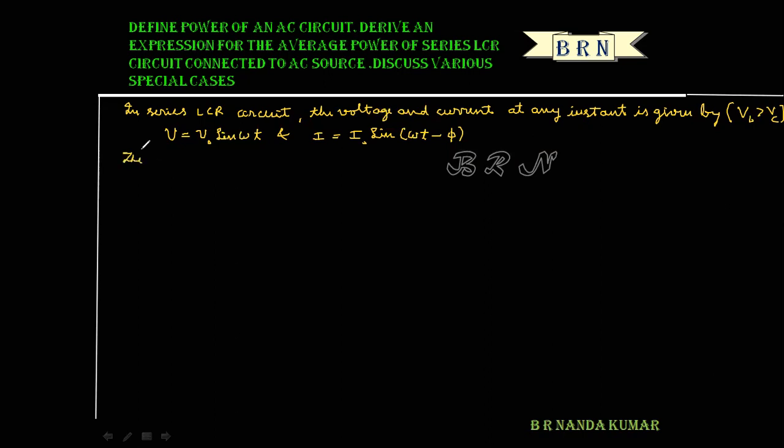Okay, so the instantaneous power in an LCR series circuit, that is P, is equal to, what is the mathematical expression? P is equal to VI. So what is the value of V?